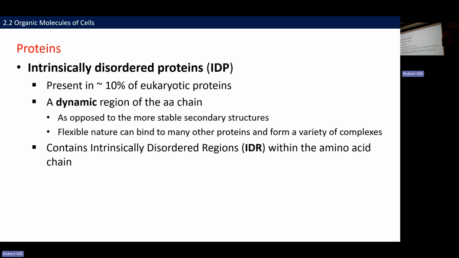So to give it molecular diversity, obviously we have all those 20 different amino acids. We can build it in different ways and we can do different post-translational modifications. But if we have regions of the protein that can adopt various conformations and constantly change, they're intrinsically dynamic. Now we can really start doing some different stuff.